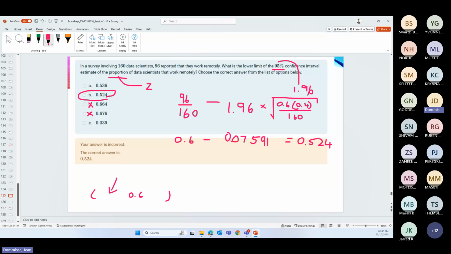Also check if it was plus, that would have been your answer. So they also nearly have an answer for you if you worked out the top limit. So just again, be very careful in what they say, because they told us we're looking at the lower limit.